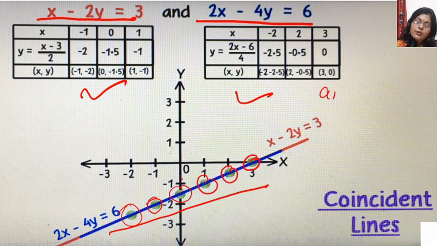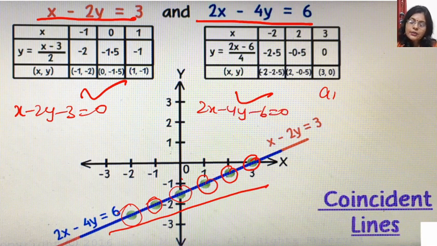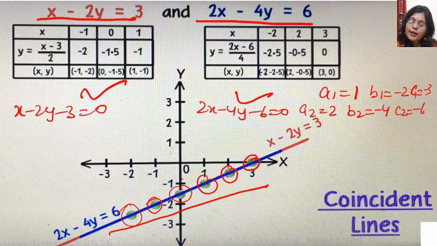We will write x minus 2y minus 3 equal to 0, and here 2x minus 4y minus 6 is equal to 0. a1 is equal to 1, b1 is equal to minus 2, c1 equal to minus 3. Now a2 is equal to 2, b2 is equal to minus 4, and c2 equal to minus 6.